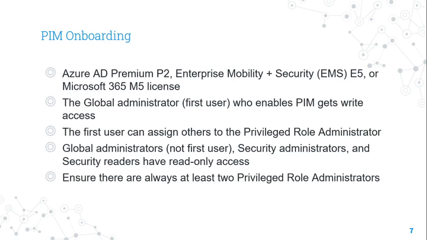No one else in your Azure Active Directory organization gets write access by default, including other global administrators. Other global administrators, security administrators, and security readers have read-only access to Privileged Identity Management. To grant access to Privileged Identity Management, the first user can assign others to the privileged role administrator role.